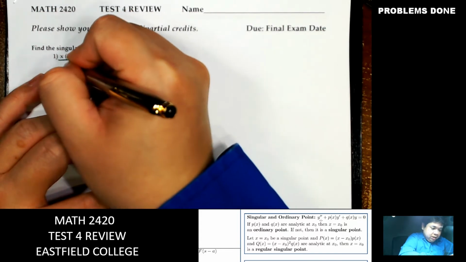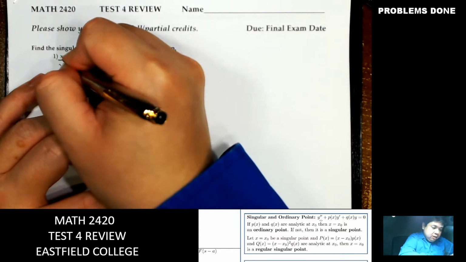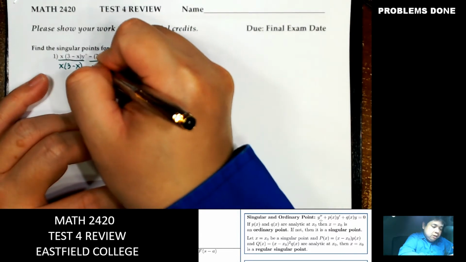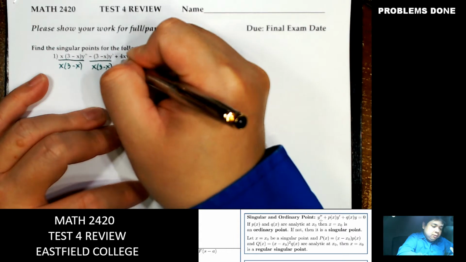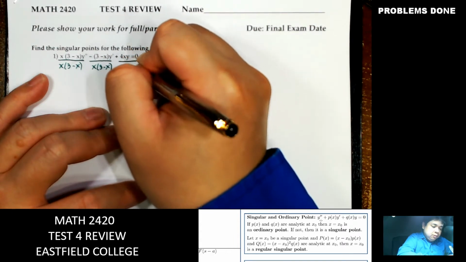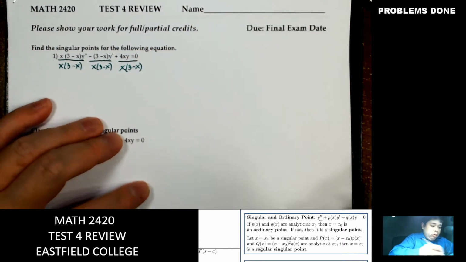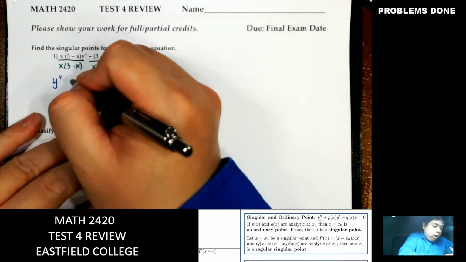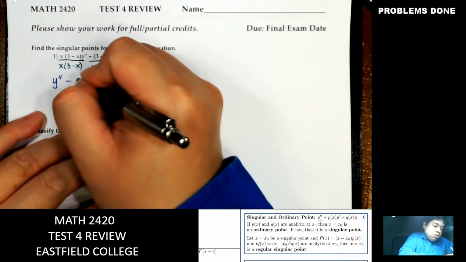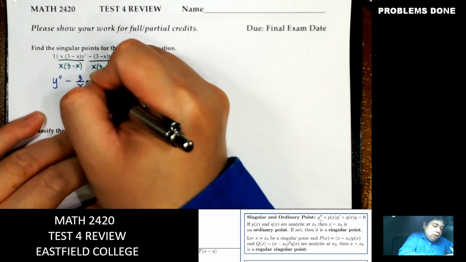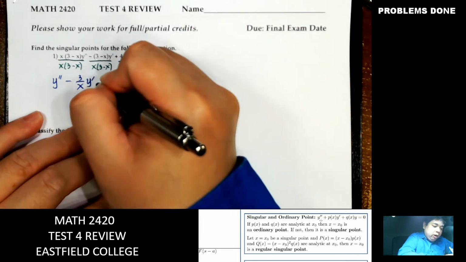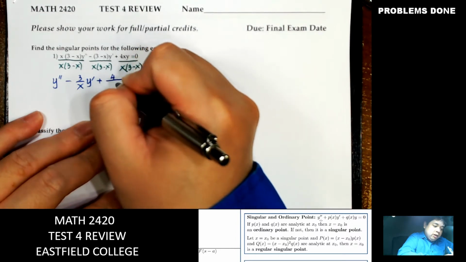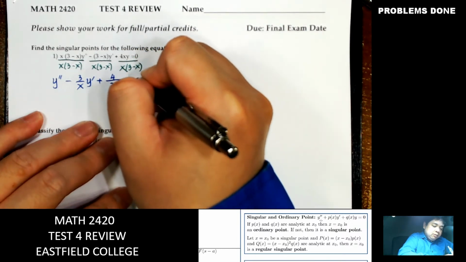So we do that, and we will have y double prime, 3 minus x cancel, we have just 3 over x y prime, plus the x cancel out, we have 4 over 3 minus x y.